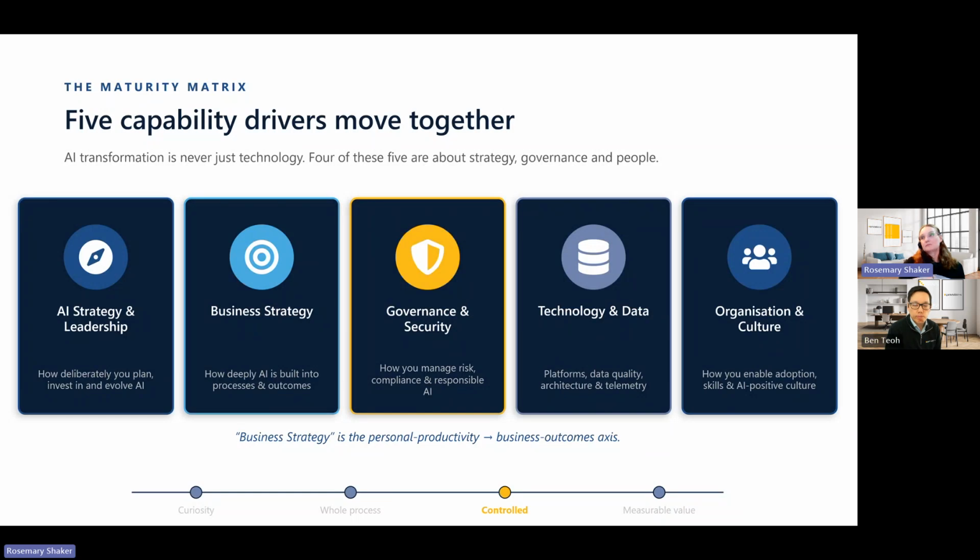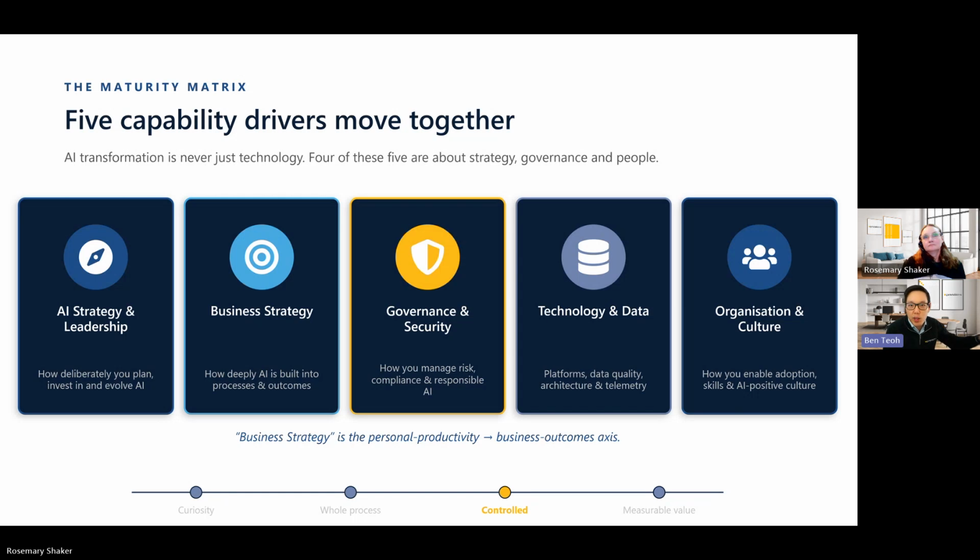So how do you allow people to adopt it? How do you create this positive AI culture? Yeah. And I think you can see that here. A lot of the time we get brought into a project and we'll be talking to an IT lead, which is natural for the way we engage clients. But very soon the conversation has to include anyone who's responsible for information management, or anyone who's responsible for learning and development.